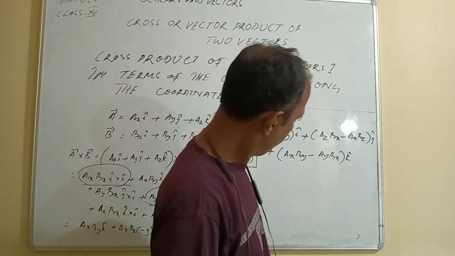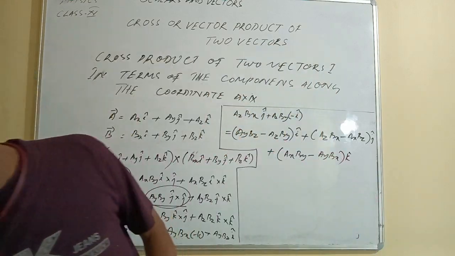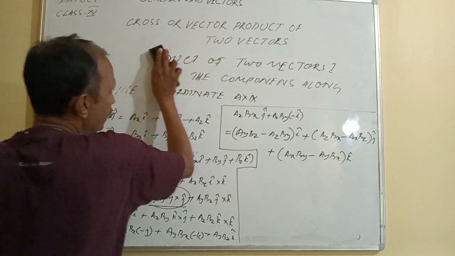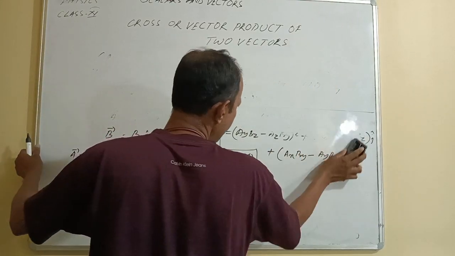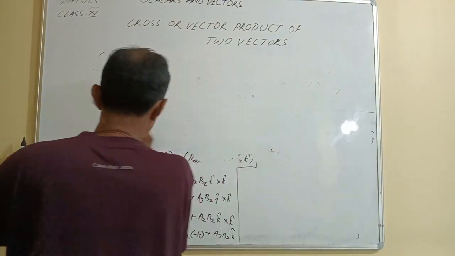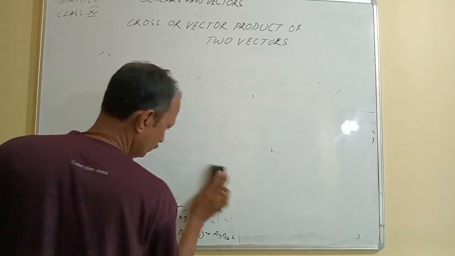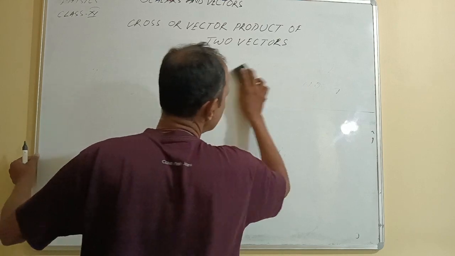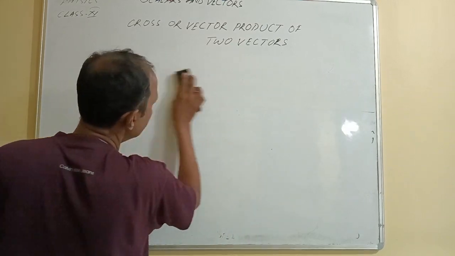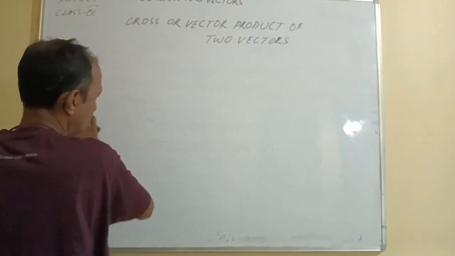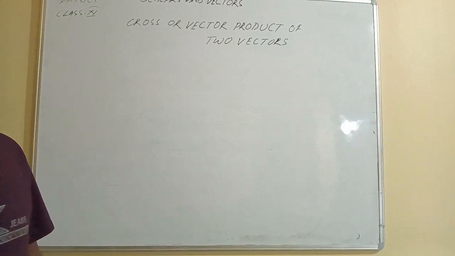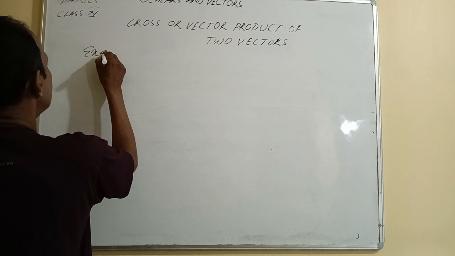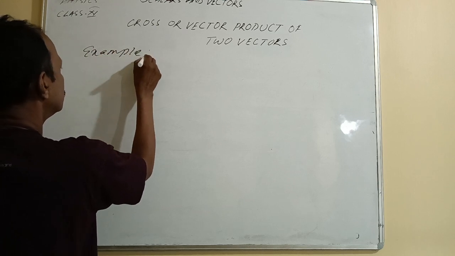So children, I think it will be more clear if I give an example, a small numerical problem. See here, one example I will give.